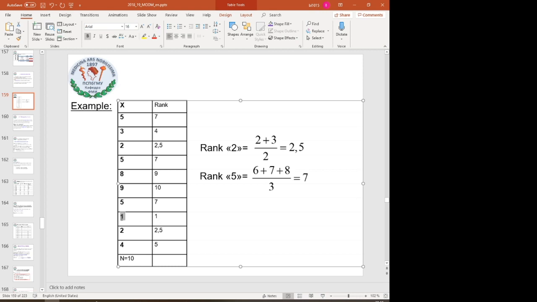We have only one minimal value, 1, and the corresponding rank will be 1. We have 2 values of 2. This means that we should share serial numbers 2 and 3 between them, but they should be equal.